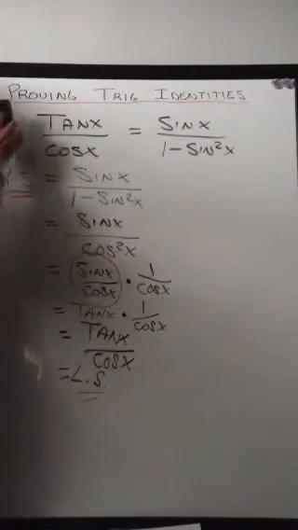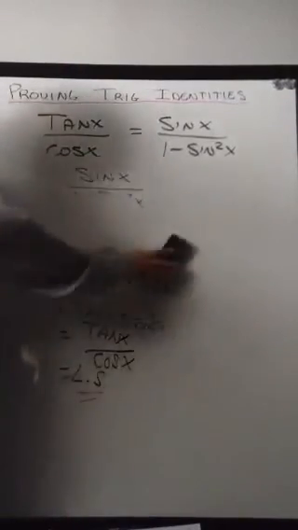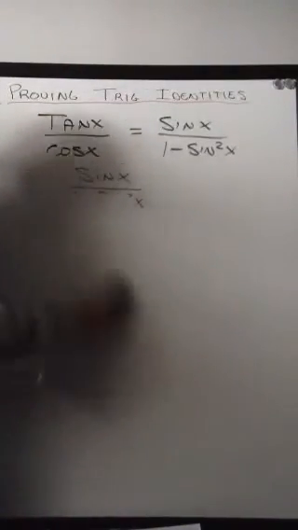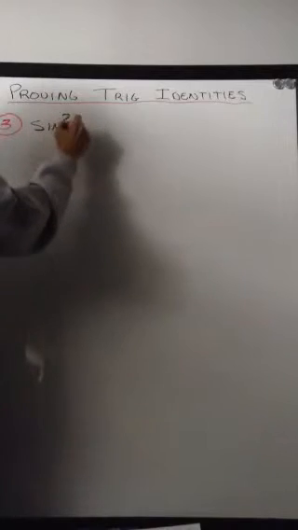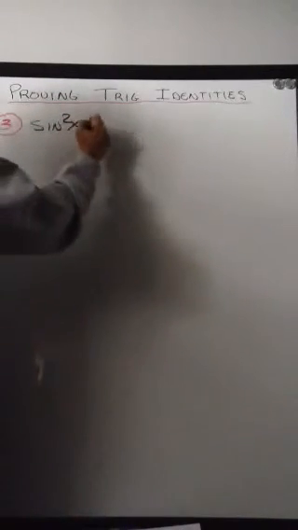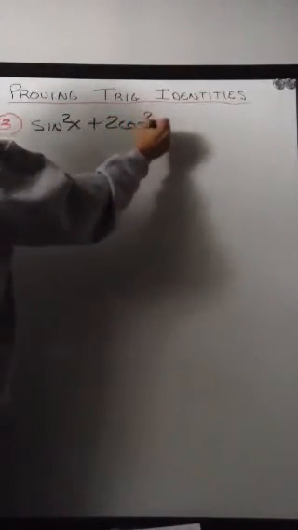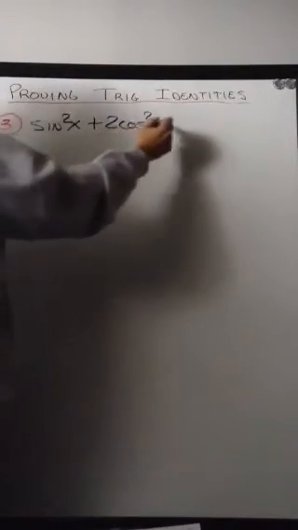All right, let's try one last example. Okay, in this last one, we will try to prove that sine squared x plus 2 cos squared x minus 1 is equal to cos squared x.